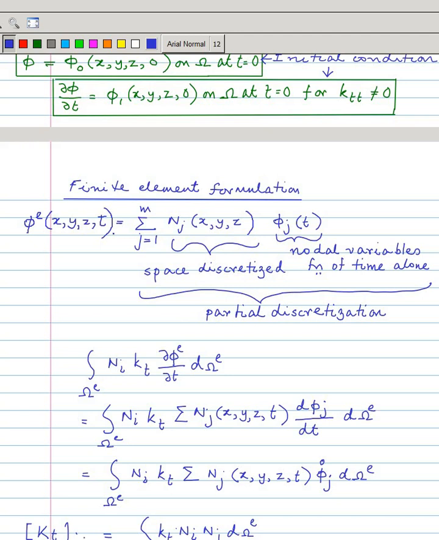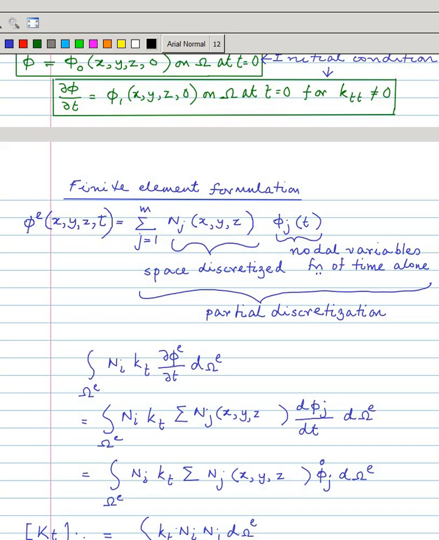And in the Galerkin formulation corresponding to kt del phi del t, you have to weight it with respect to ni. So this is ni kt del phi del t, and del phi del t can be written as, again I have made a mistake, this t will not be there.